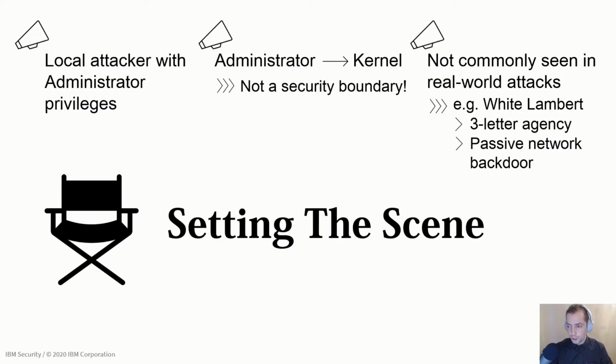You can use your imagination. And the feature of White Lambert is that it is a driver which sits on top of the network stack. So it's a passive backdoor, essentially. It looks at all the packets that come in on the host, and it looks for some special key identifiers. And if it finds those, it will perform actions based on those identifiers, right? Whatever those actions may be, like executing code on the host, for instance.